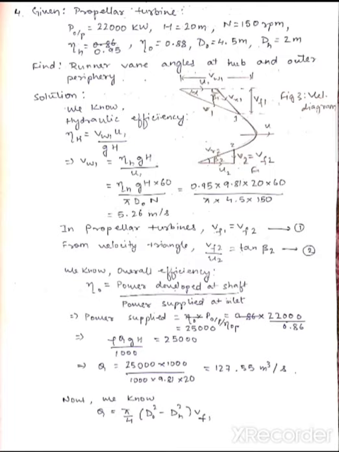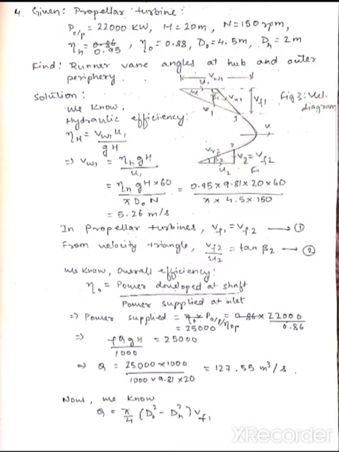As given in the question, the whirl component of velocity at outlet is 0, so the absolute velocity at outlet will be equal to the flow component of velocity only, and axial in direction. So v2 will be equal to vf2 here. vr2 is the relative velocity at the outlet, and u2 is the velocity of the runner as seen from the outlet.